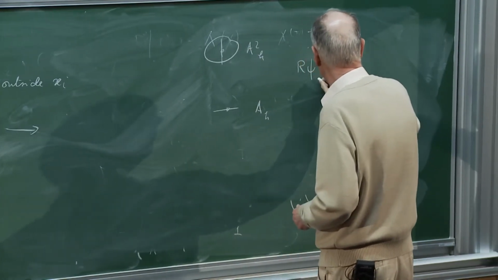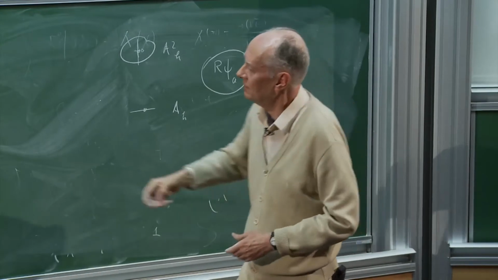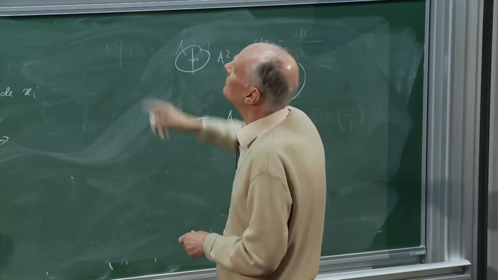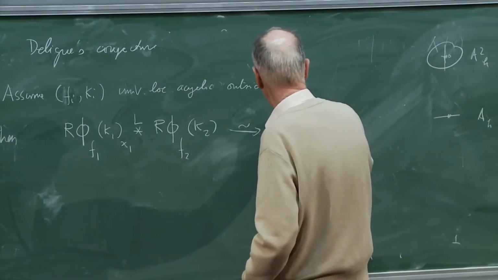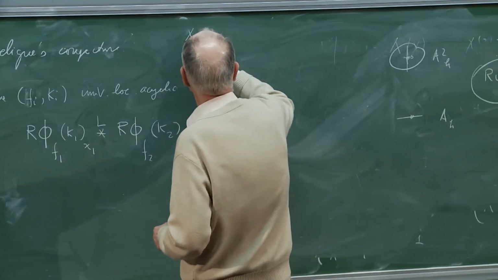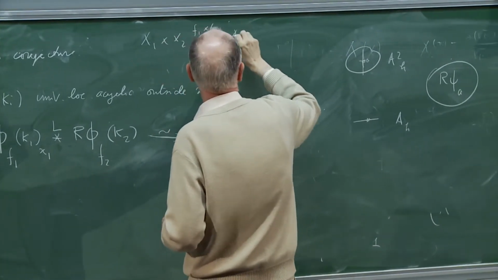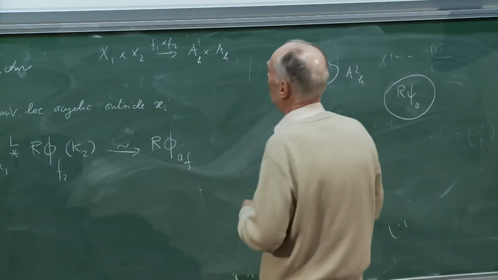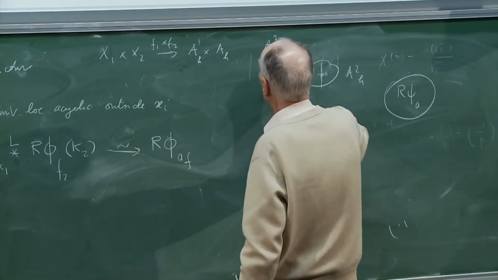Correspond to taking R psi A at the point 0, but since you work with R phi, which are 0 at 0, then taking R psi or R phi is 0, so you can just take the previous formula with R phi, and you get this, and then this should be isomorphic to R psi, to R phi for this map F, defined as before, X1 cross X2, then you have F1 times F2 to A1 cross A1, to AH cross. And then you extend it, you pull back by A2H, and then compose with the sum map.